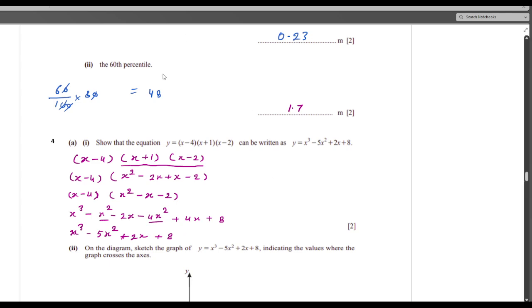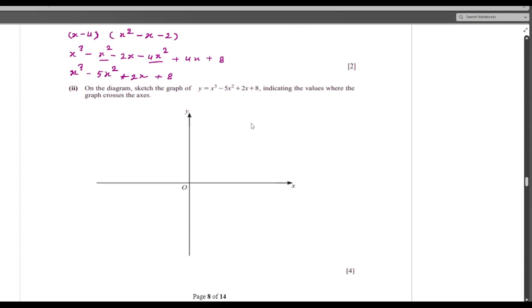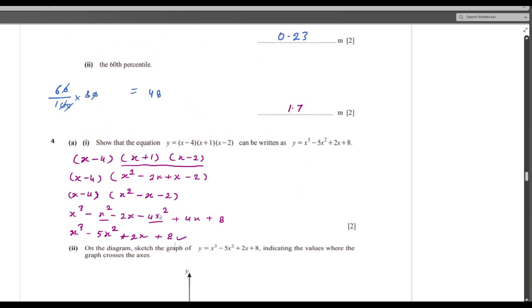Okay, on the diagram sketch the graph indicating the values where the graph crosses the axis. For that, instead of using this answer, it is better if I use this value. Why I am saying that this is better: where it crosses the x-axis, my y should be 0.